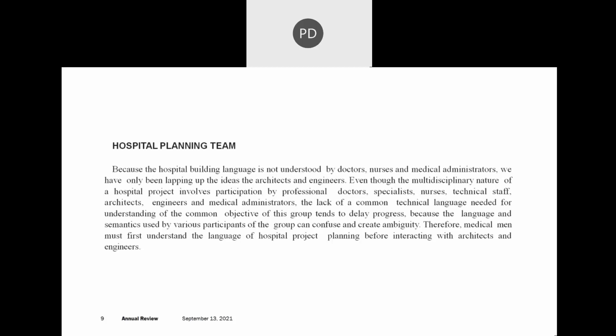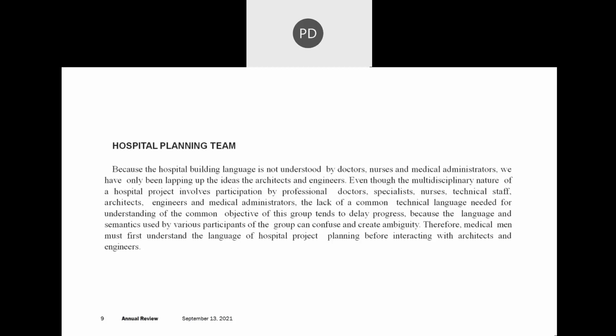Now because it takes a lot of time to make us understand, and I'm talking about the medical people, these medical people take a lot of time to understand the purpose of a particular design, how the space requirement should be, and why the building should go vertically, why it should go horizontally.